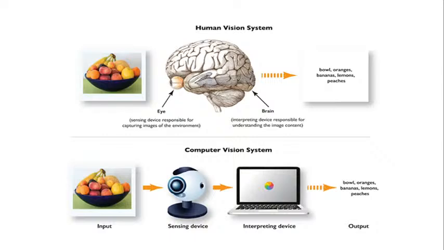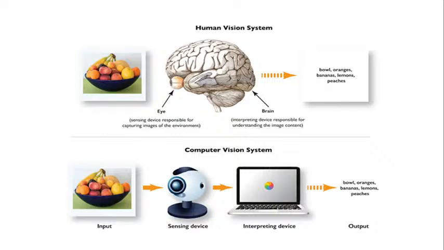This eye is responsible for capturing an image of the environment. Here we give one input to our sensing device, and that input is one bowl. That bowl has some fruits.